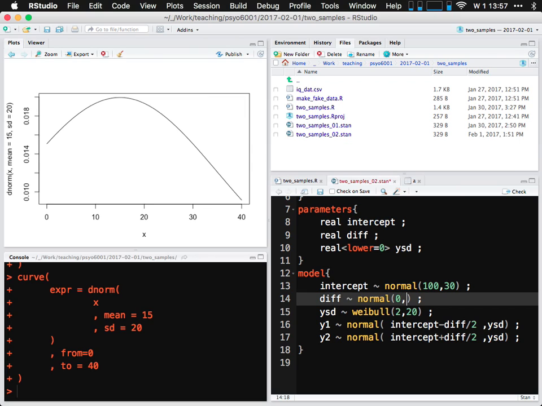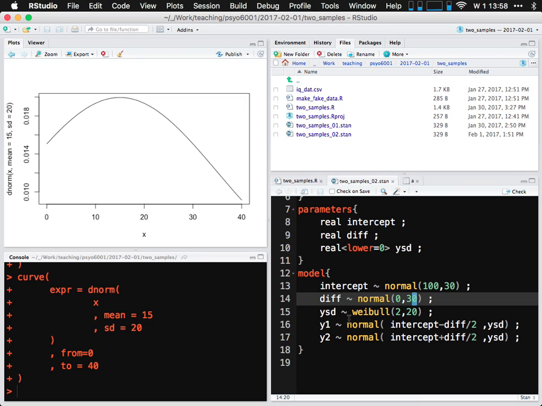But we still want to make that nice and broad, so 30 again. That's probably ridiculously broad, but it's still sort of an order of magnitude related to the amount of noise that we're expecting, about 15.